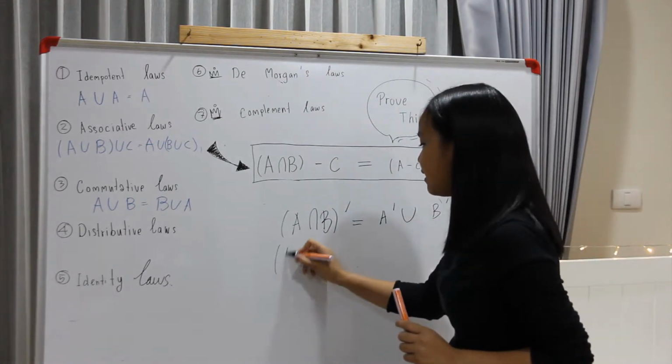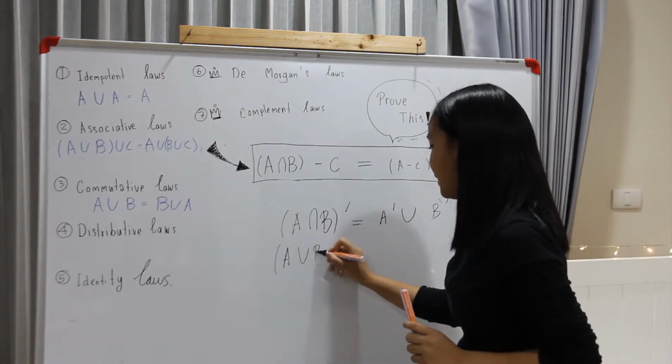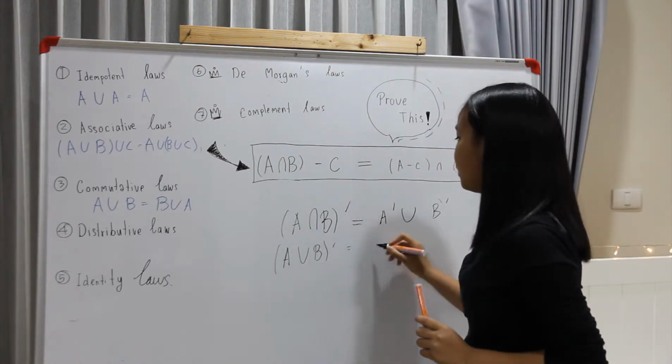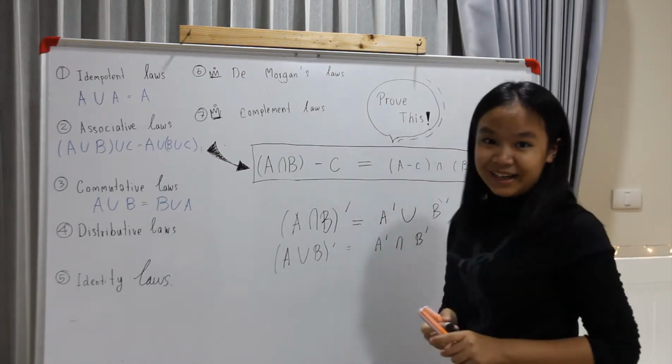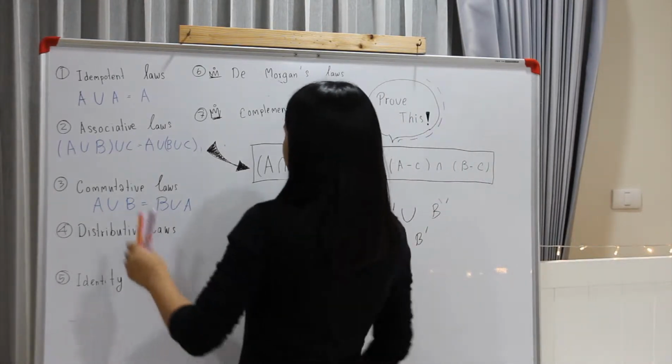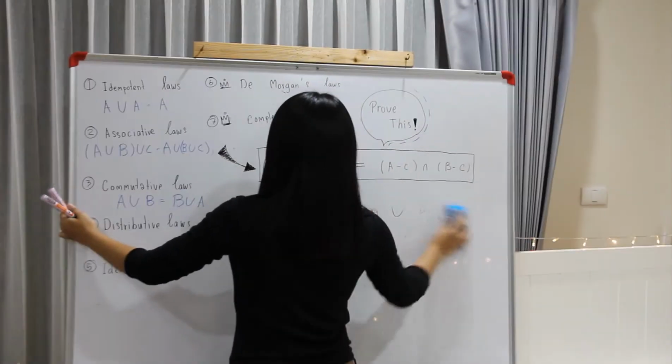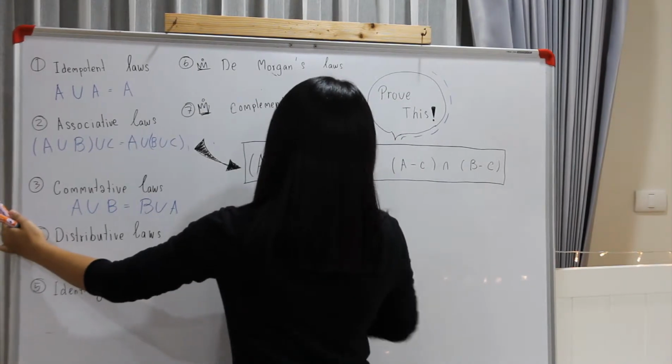And the same thing here: when A union B and prime, we get A prime intersect B prime. Alright?